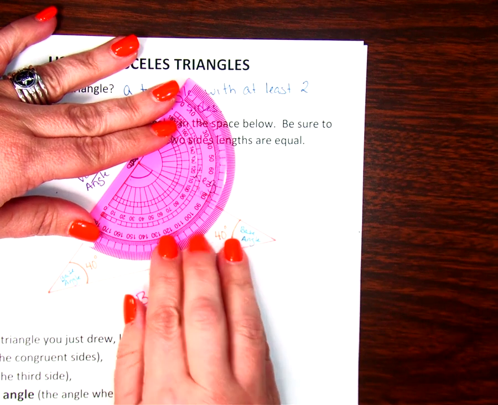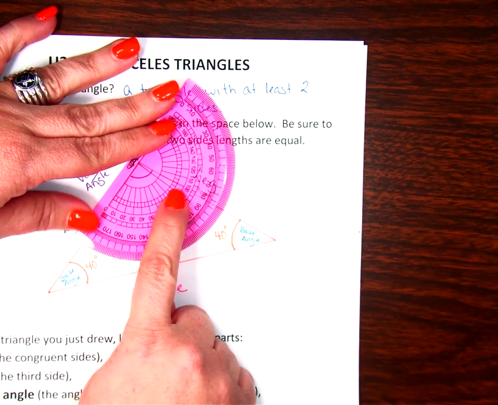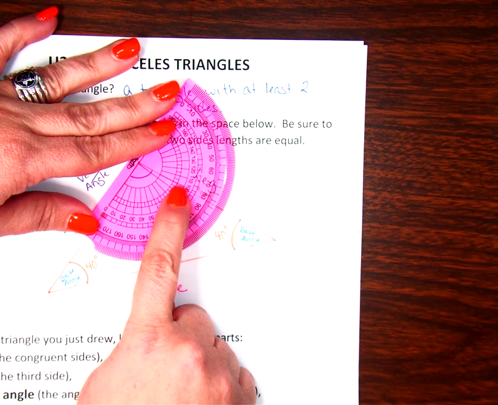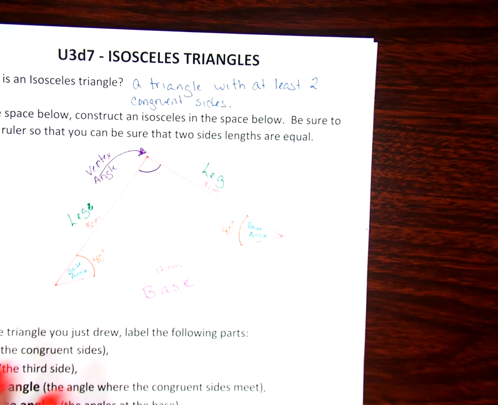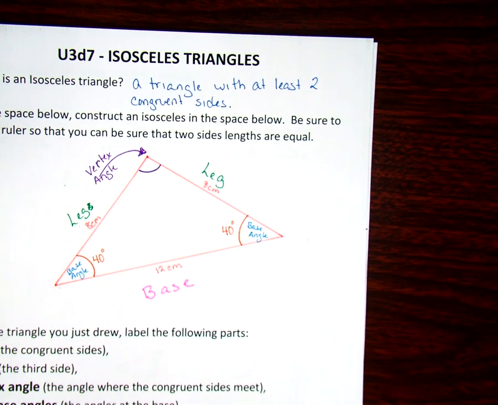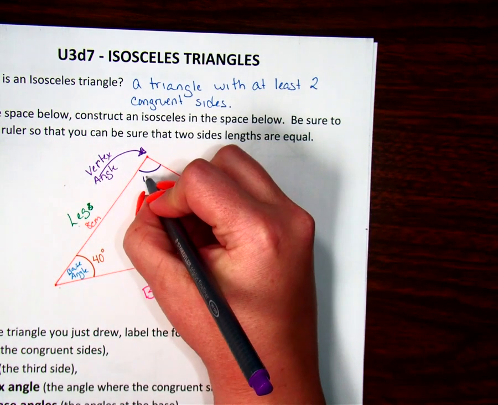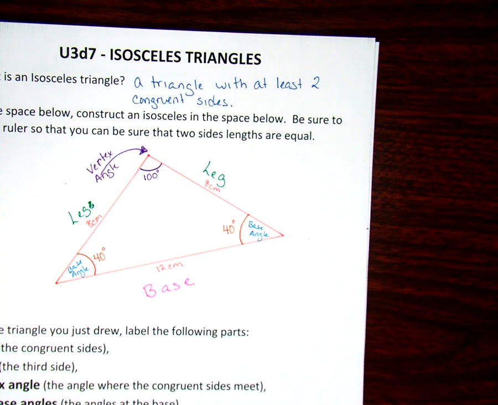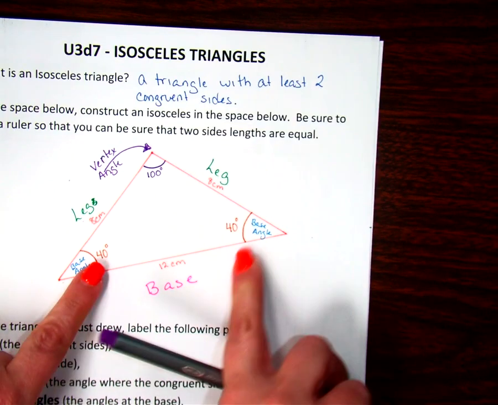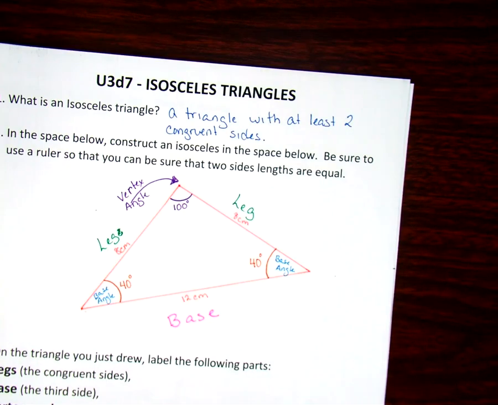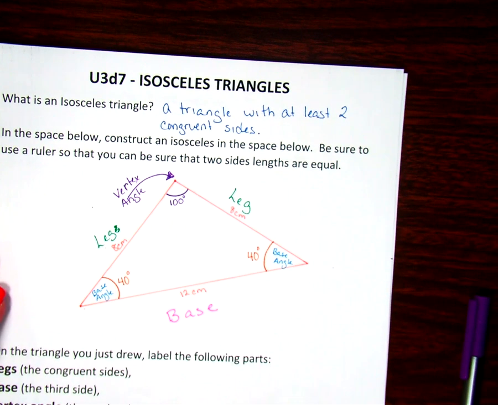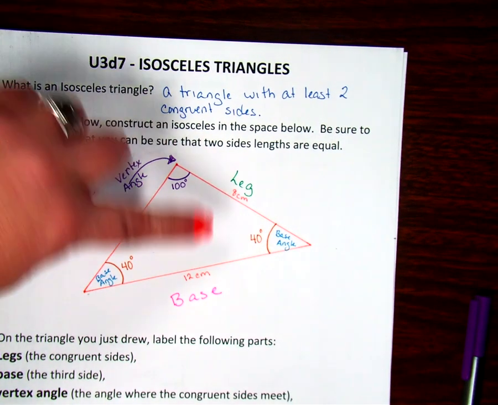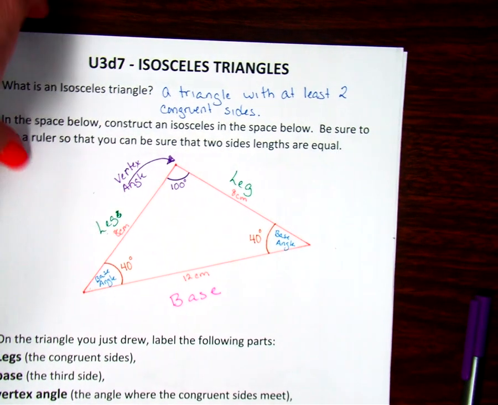When I line up, right here at 100 degrees, it comes right out at 100. So that works out. This vertex angle is 100 degrees, which I wouldn't have had to measure, because since I knew these were both 40 and together they all have to make 180, I knew that would be 100.